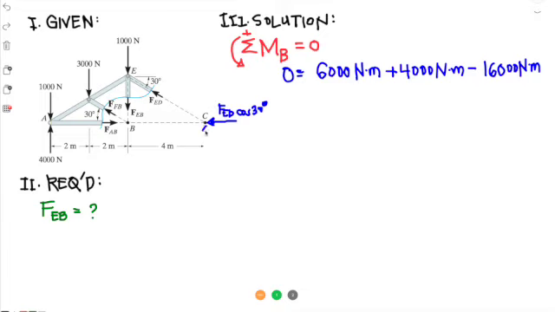The one that makes a moment is the y component, which is FED. Take note, we're just calculating for FED since we're going to use it later for another section. And the component is opposite 30 degrees, so that's sine 30.